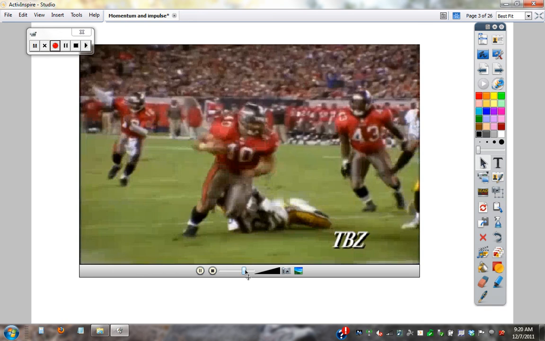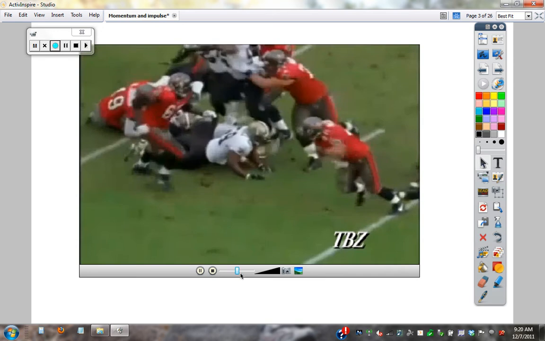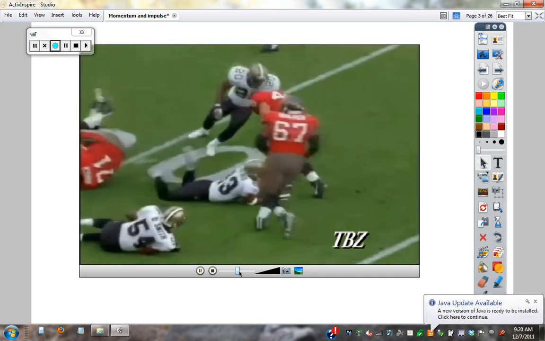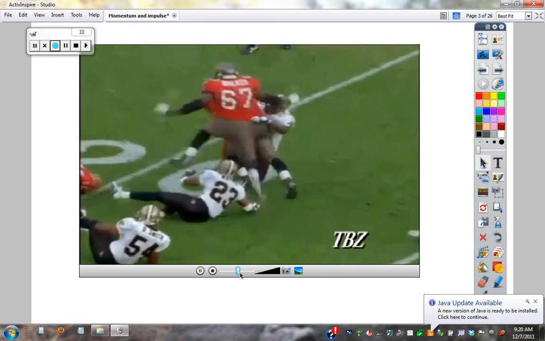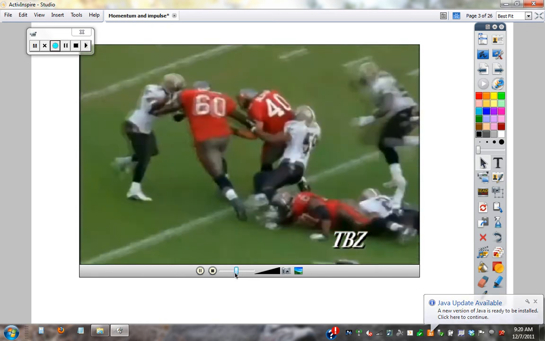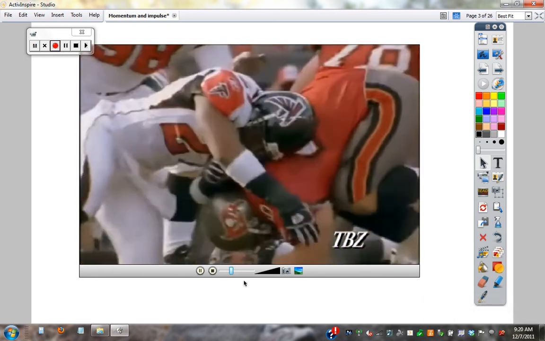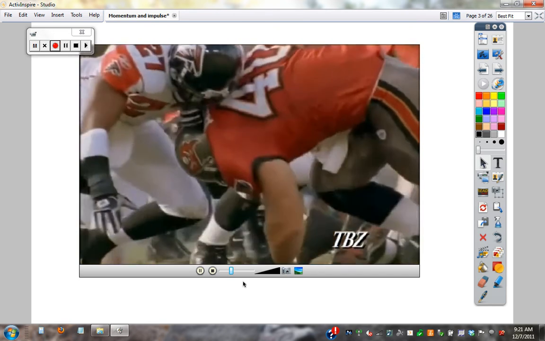Alright, he's hard to tackle. Nope, still not enough. Touchdown. Where's the other one? Yeah, this one's it. This is the really good one. So watch this run. Nope, you're not strong enough to tackle him.